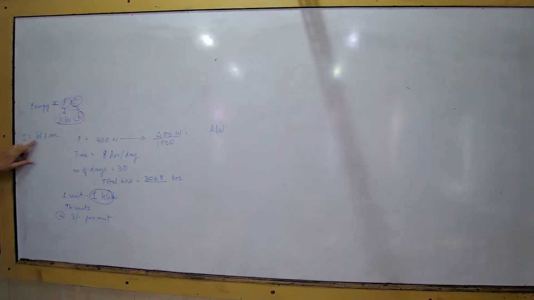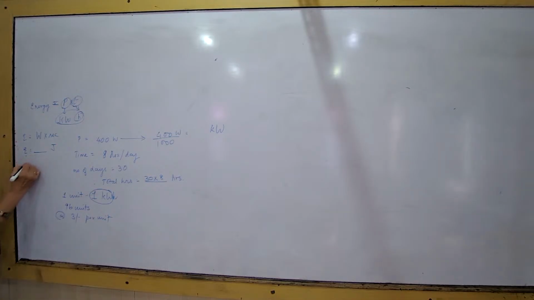What is watt? Nothing but joule per second. So your answer for energy will come in joule. Did you get it or no? Do it this way also, you will understand.